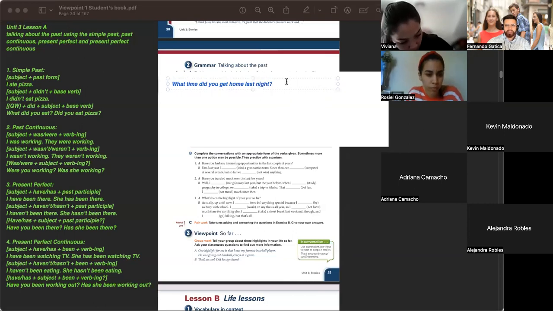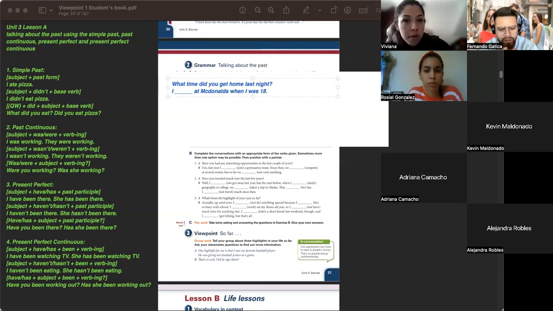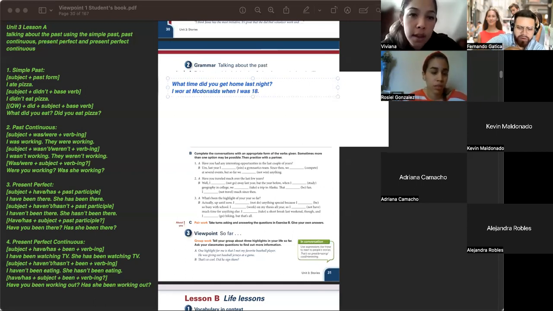What about this sentence right here? Worked, have worked. Work. In the present, no, in the past. Worked, right?